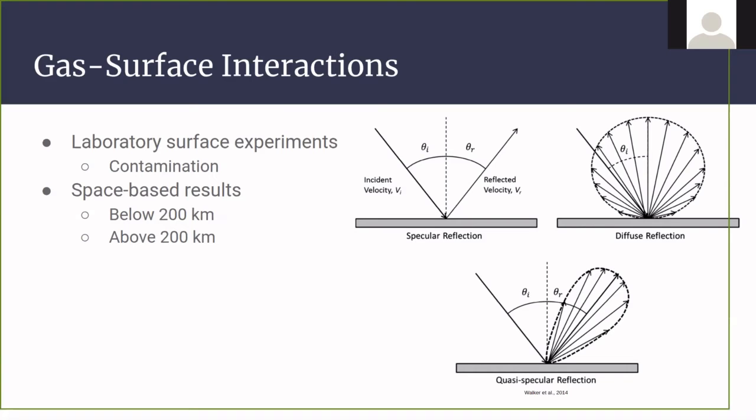But scattering dynamics are uncertain at higher altitudes in the thermosphere, especially above 500 kilometers, due to a lack of measurements, and also hypothesized cleaner surfaces than at lower altitudes, since this is where we start to encounter the oxygen to helium transition region that I mentioned before.